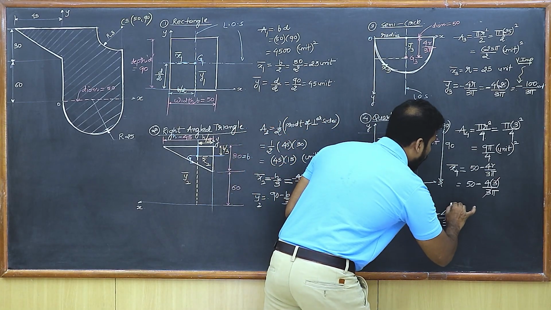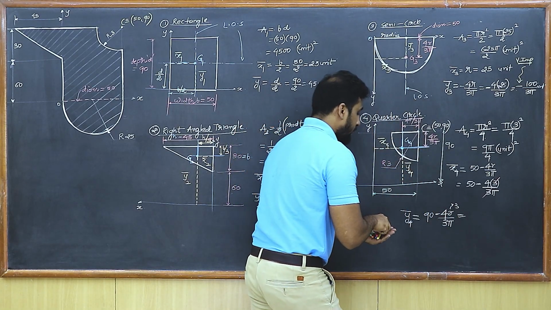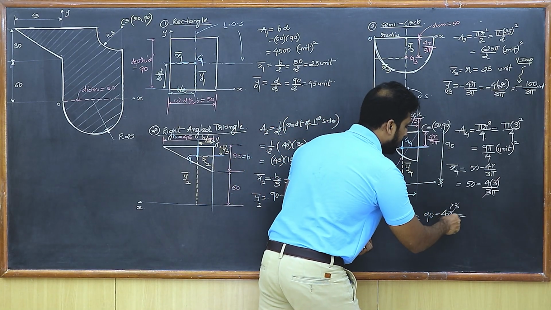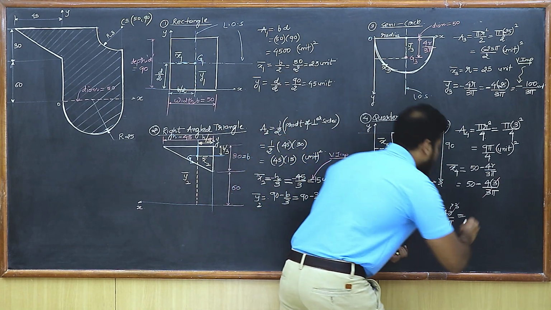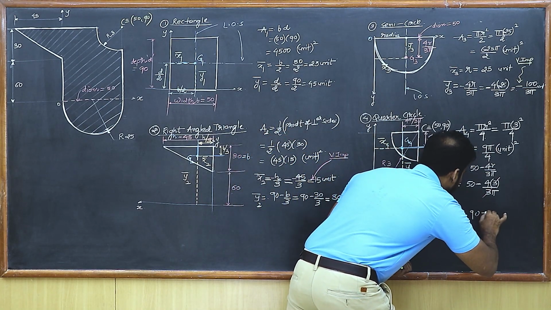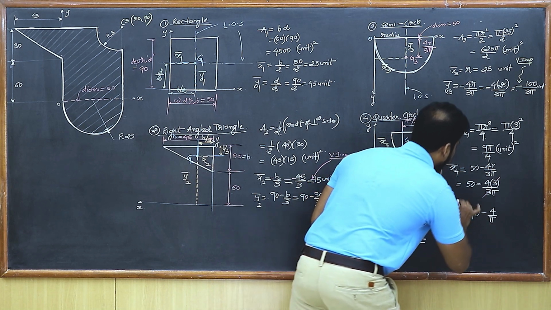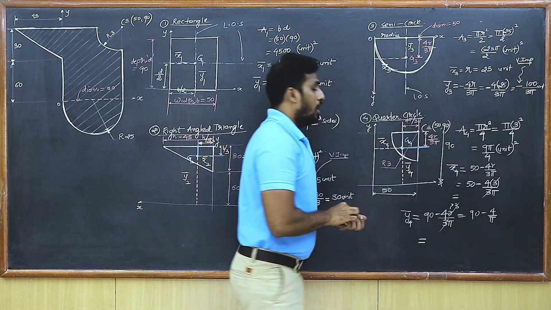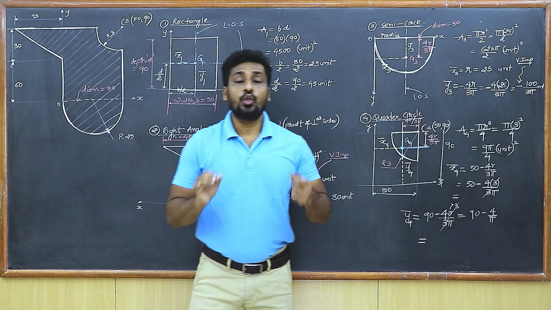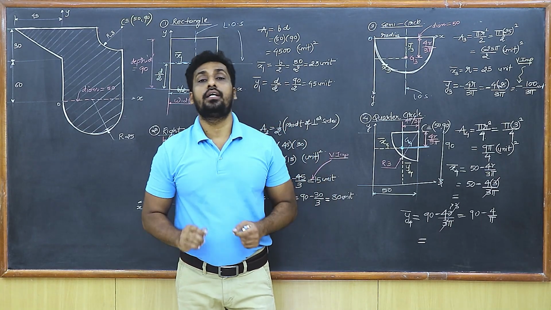So the 3 and 3 cancel. So I've got the answer as 90 minus 4 upon pi. So here also, students, I'm going to get the value of y4 bar.